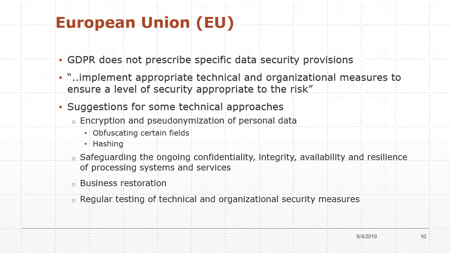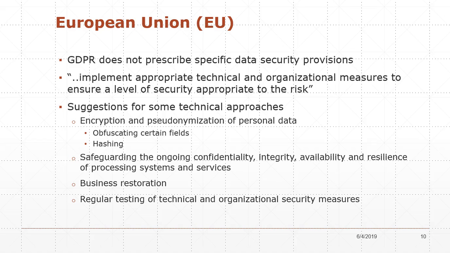The GDPR does not prescribe specific data security provisions. It must implement the appropriate technical and organizational measures to ensure a level of security appropriate to the risk, however. Suggestions for some technical approaches are encryption and pseudonymization of the personal data.